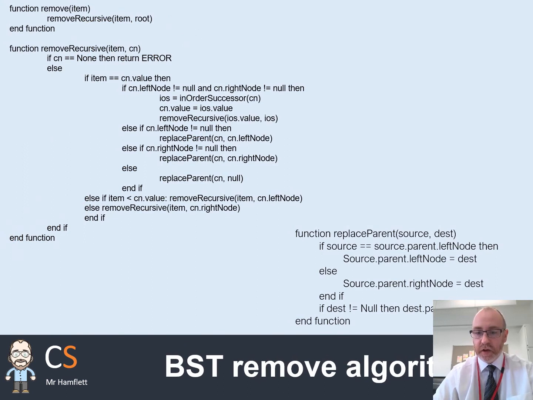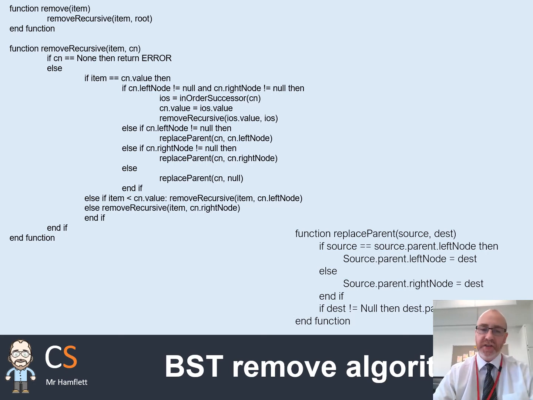Now, there's a reason why you don't want to memorize this code, because here is the code for it. Removal is incredibly complicated code. It's to the point where I wouldn't necessarily expect you to fully follow this. I know some of you may be a little bit shaky with recursion and with OO coding.